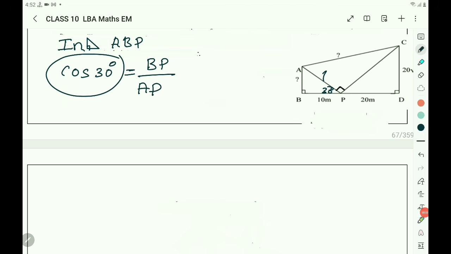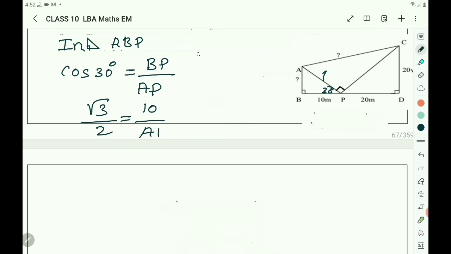Cos 30 value is root 3 by 2. BP is 10. AP is to be find out. Root 3 into AP is equals to 2 into 10, which is 20. Then AP is equals to 20 by root 3.